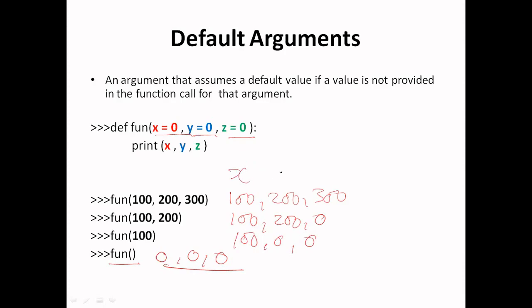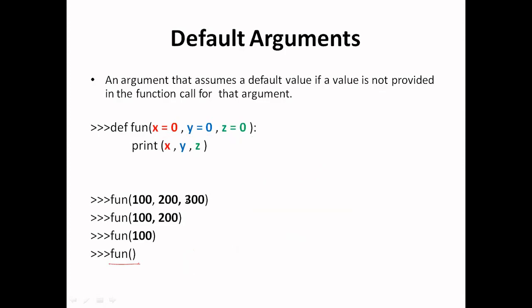The first value is for x, the second for y, and the third for z. So this is the advantage of the default argument. That means if sometimes you forget to pass a value to a function, the default value can be used, and if you provide the value, the default value will be overwritten.